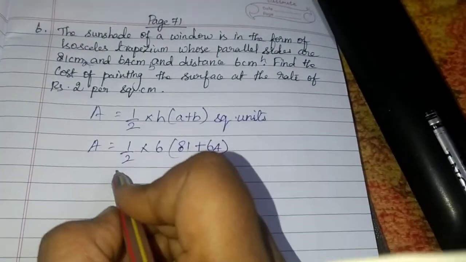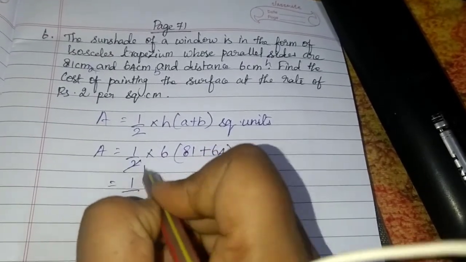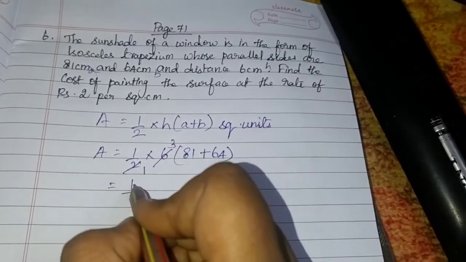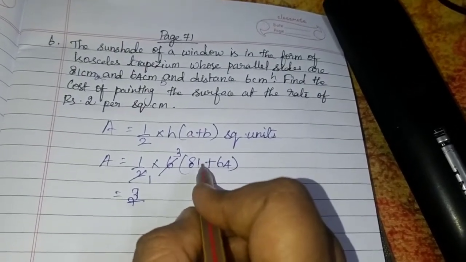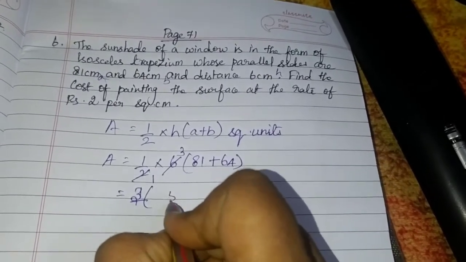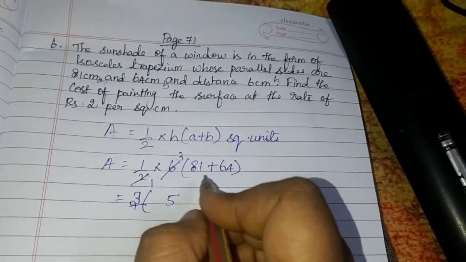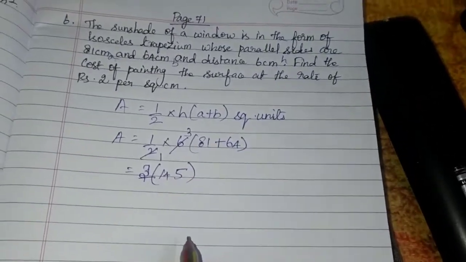Now you take the half, 2 ones are 2, 2 3s are 6, so I'll write 3 straight. Now 81 plus 64, what will come? 1 plus 4 is 5, 8 plus 6 is 14. Okay, 145 I will get.